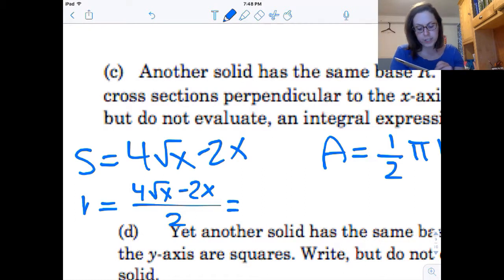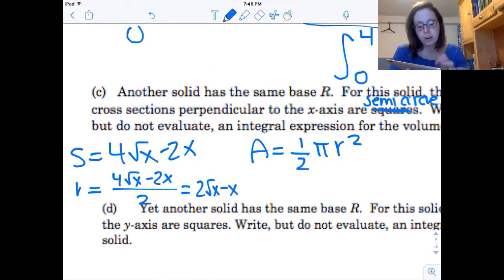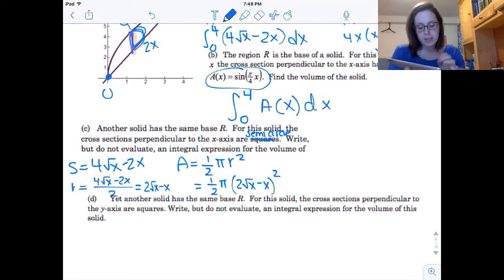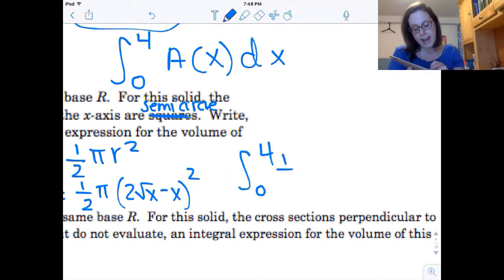Or you could simplify that and make it 2 radical x minus x. So your area function is 1/2 pi r squared. And so this is going to be the integral from 0 to 4 of 1/2 pi r squared dx.